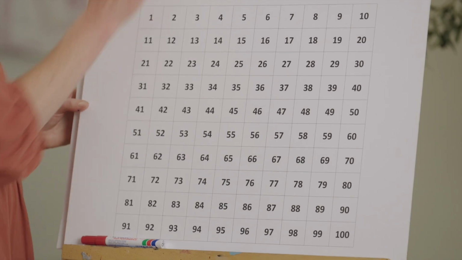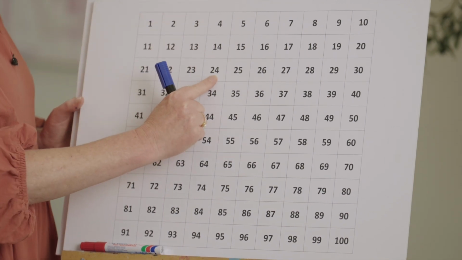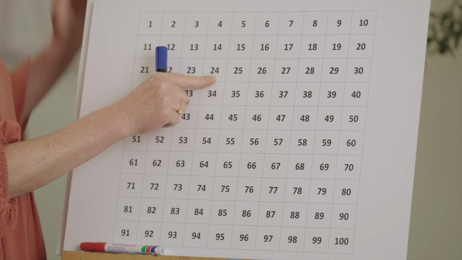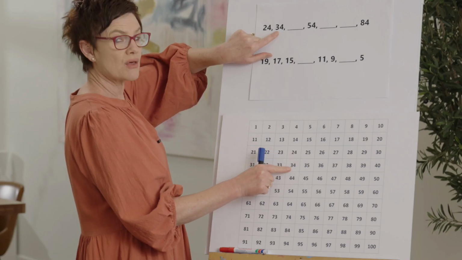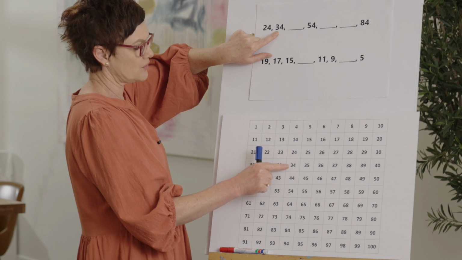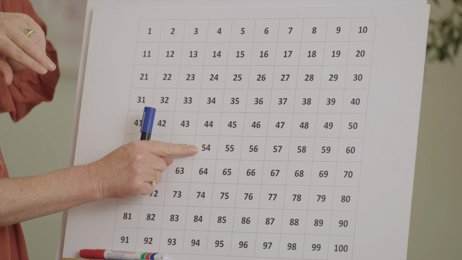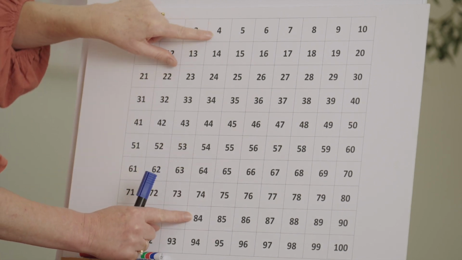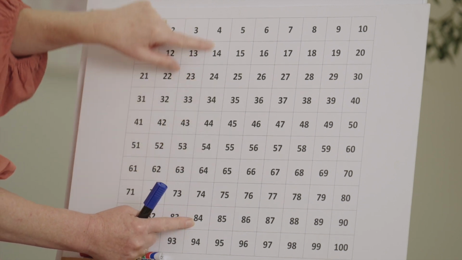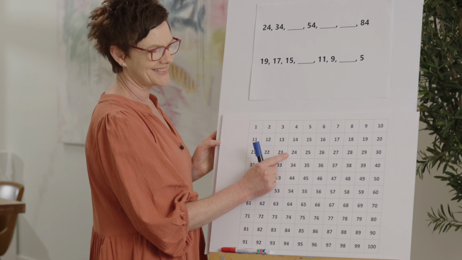So we're starting at 24, so let's find 24. Our next number on the number line is 34. We've got one missing and then we have 54. We've got some missing and then we have 84. I think we're moving down this line and I can see that we are jumping by tens.